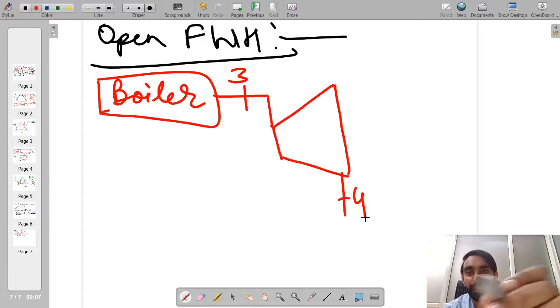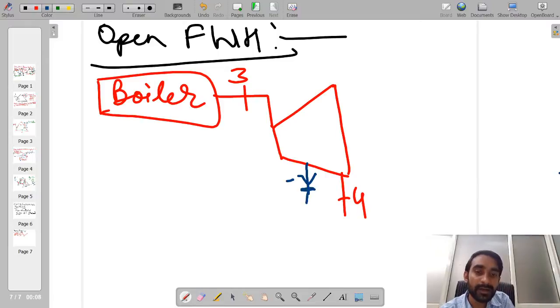Now we will be extracting a certain amount of steam at some intermediate pressure from the turbine. Let us consider that corresponding to this point over here, we have thermodynamic state number 5.